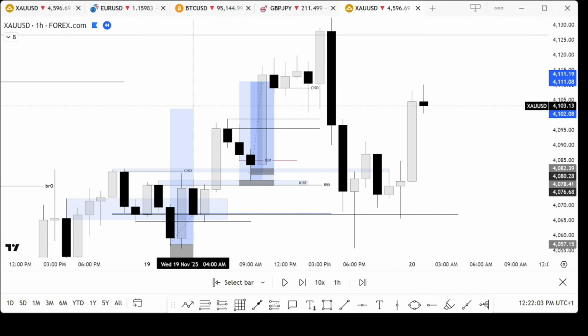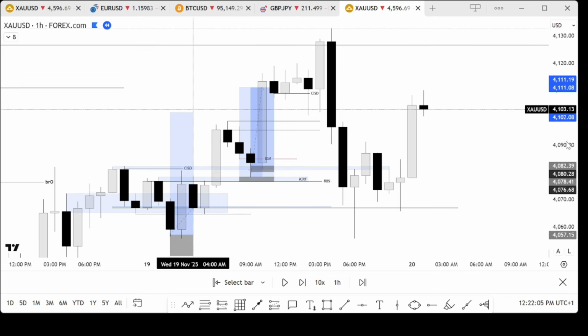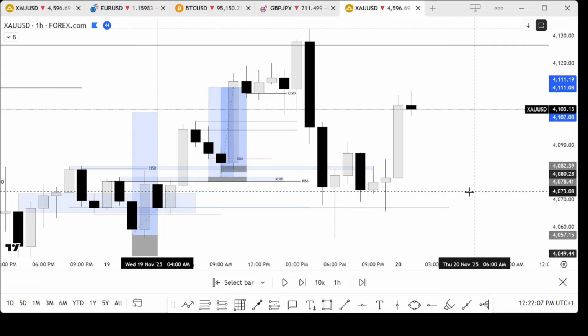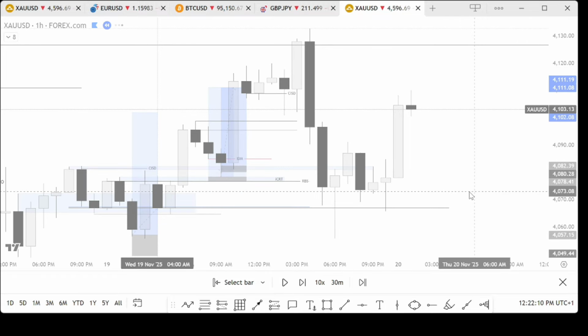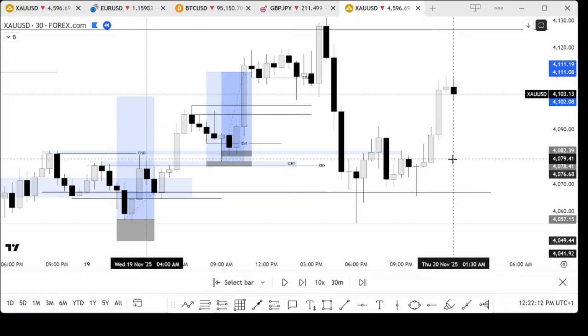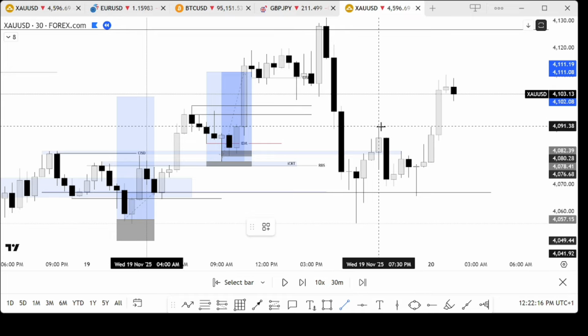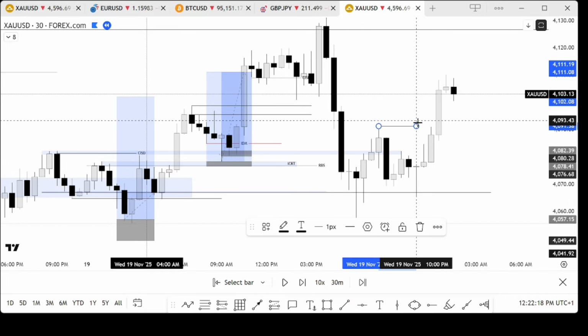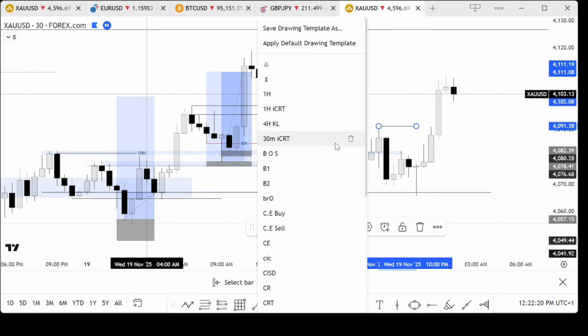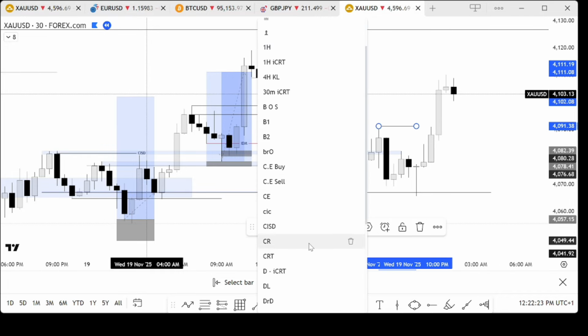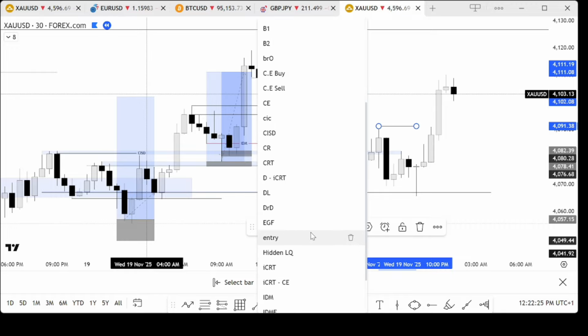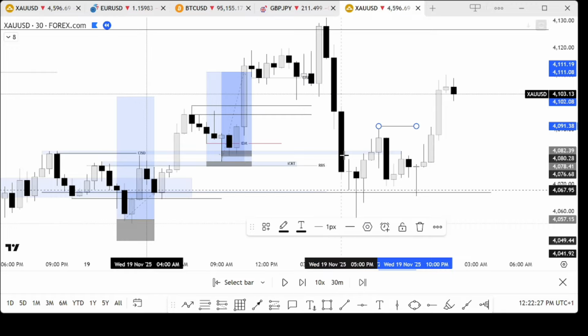Now that we have our breakout, the next thing we want to check for is what? Inducement. So we want to go to 1 time frame lower or 2 time frames lower, as the case may be, and look for our inducement. And in this case, this becomes our inducement, and this is also the Komepips chariot inducement, and it's the same thing as the 1 hour time frame inducement, right?